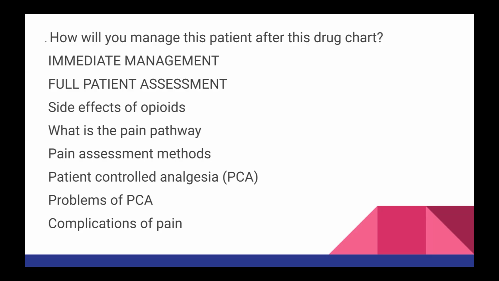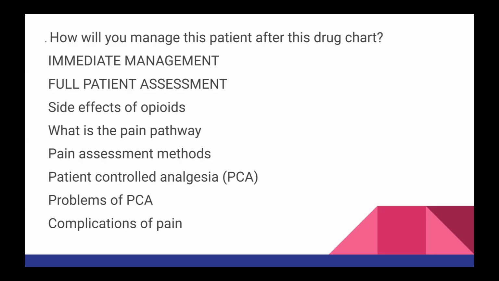What are the pain assessment methods that we can use? We can use the visual analog score, the VAS scale. There will be certain faces, and from the faces we can ask the patient to identify, or we can identify from the patient's face the severity of the pain.